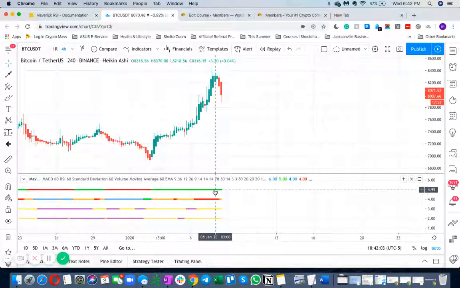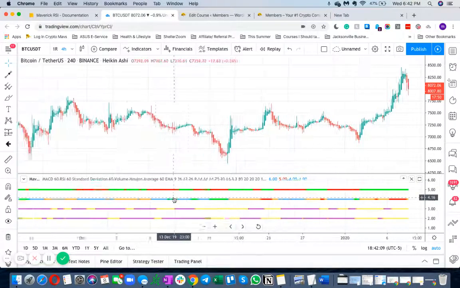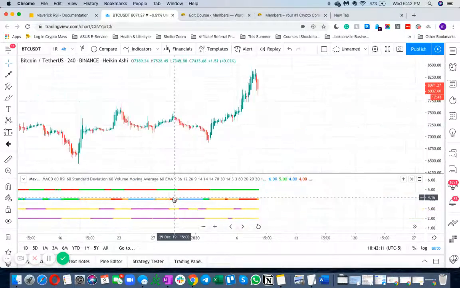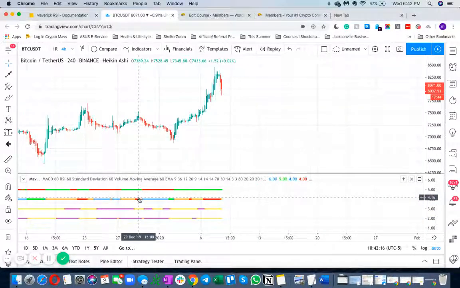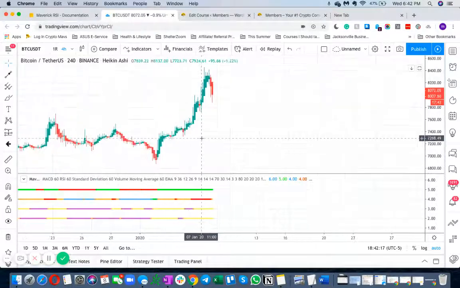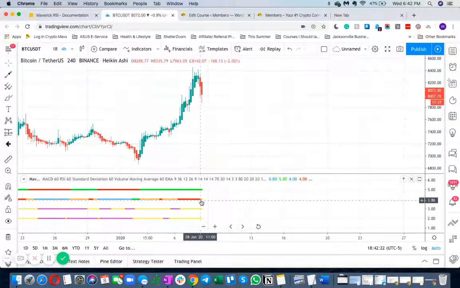So I knew that because I could see here it's been in an uptrend for a while. And I could look back and see, how long is a typical uptrend, because markets do have cycles and patterns tend to repeat. But I didn't really look at that too much. What I looked at instead is I could see that the RSI had been overbought for a while.